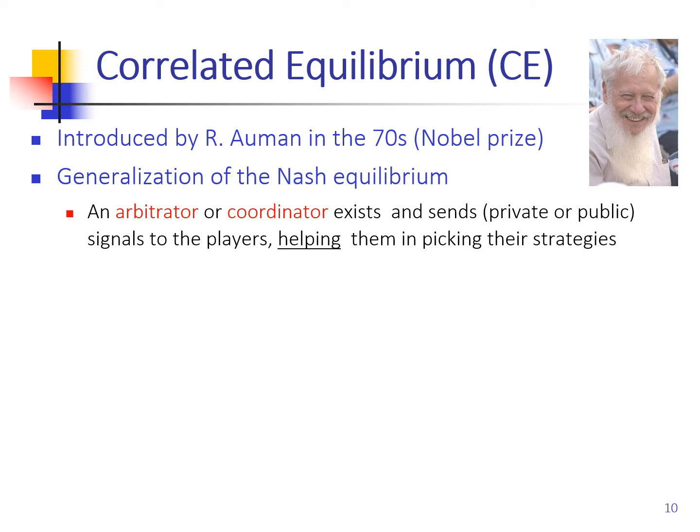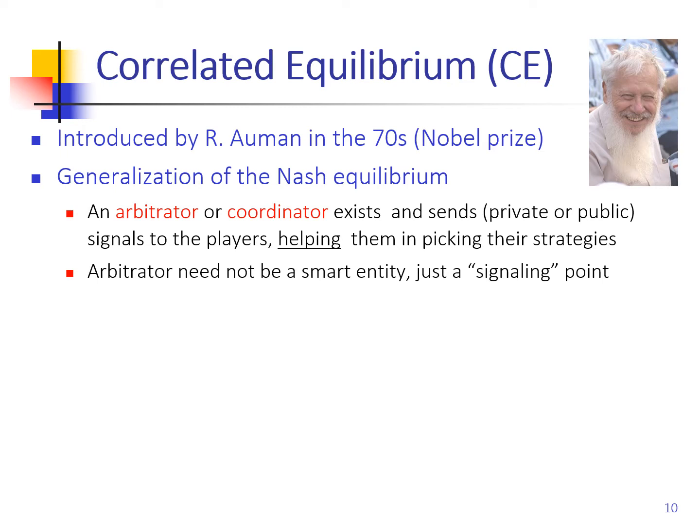And this is why this concept of equilibrium is very interesting, because now we assume that there is a coordinator, or arbitrator, which sends private or public signals to these players, helping them via this implicit coordination signal to achieve better payoffs, as opposed to if they were acting completely independently.